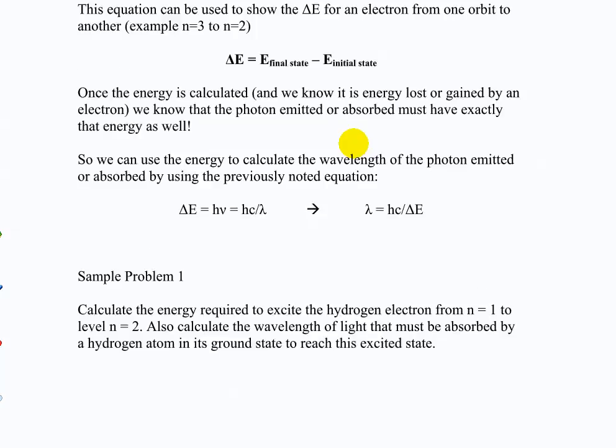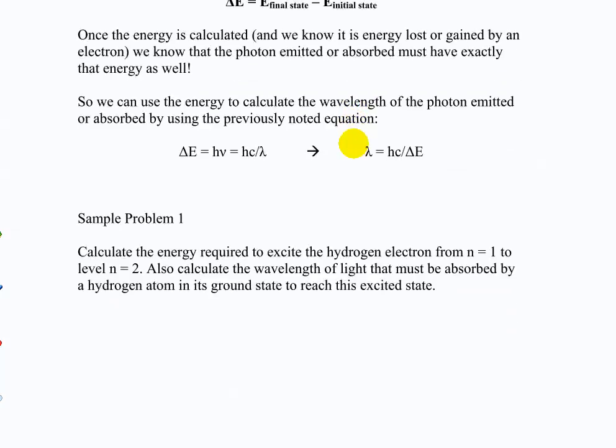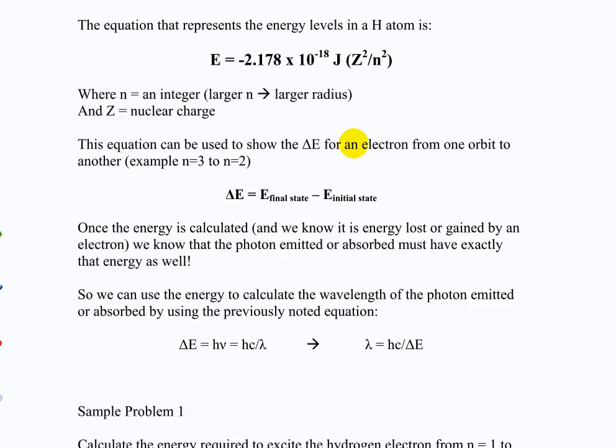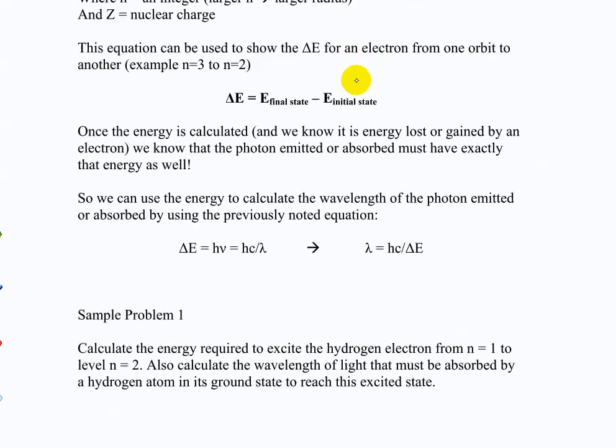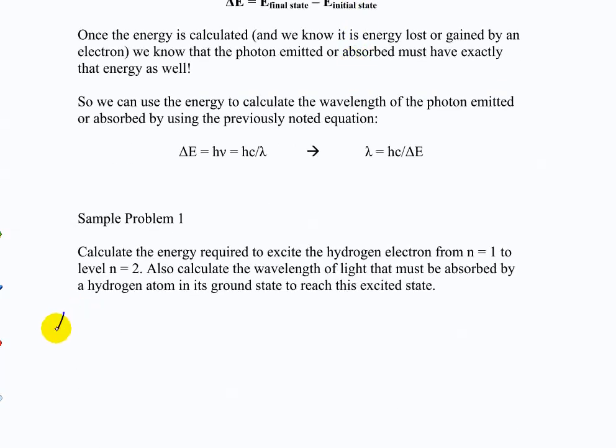What we're going to do is go back up here and look at this equation. E equals that number times Z squared over n squared. We'll talk about what that constant is shortly if we get there. But let's try this first.